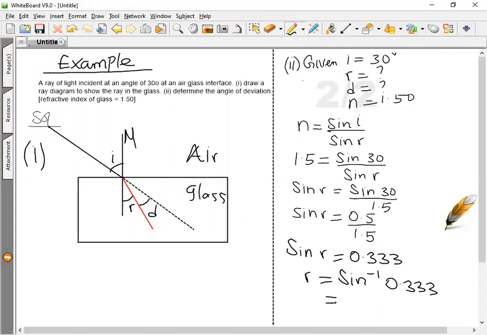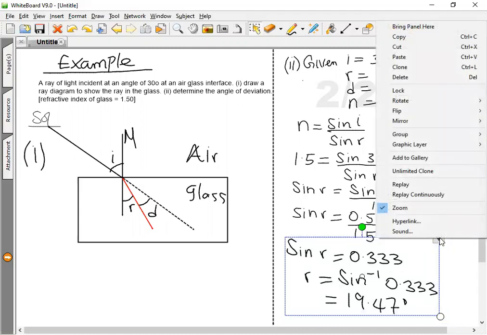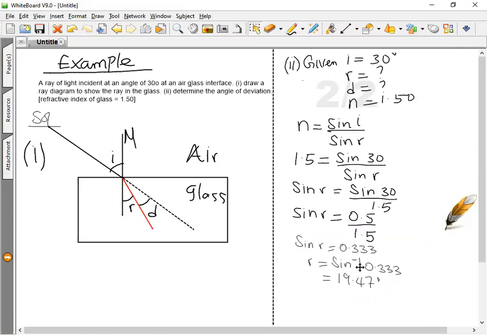So when you put your sine inverse of this number, you are going to have 19.47 degrees.